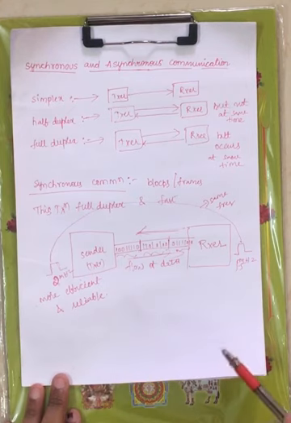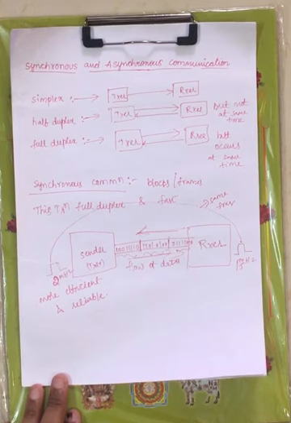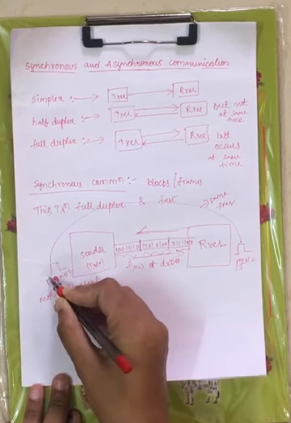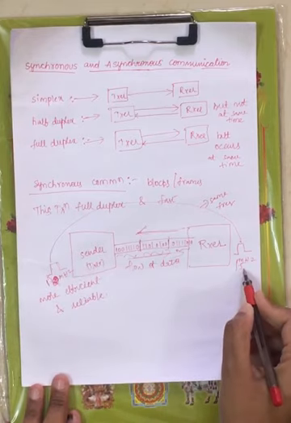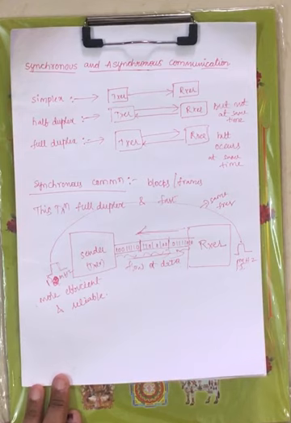Here we are dealing with synchronous communication. That means the clock frequency of the transmitter should be the same as the clock frequency of the receiver. Then only can we say they are under synchronous communication. If you have a clock frequency of 1.5 megahertz here, you have to maintain 1.5 megahertz here also. Then we can say this is synchronous communication, right?